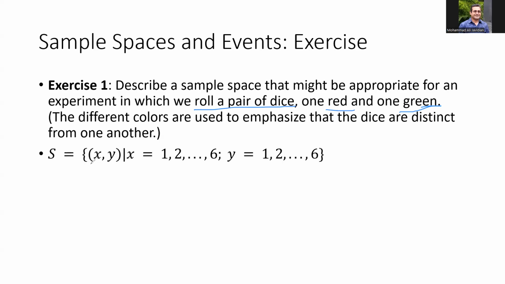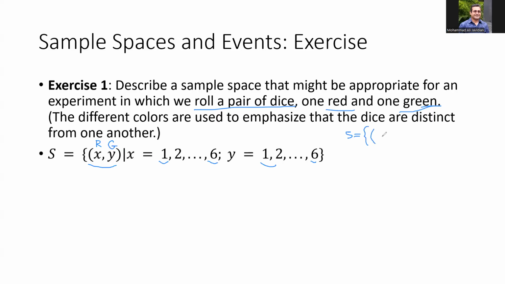The sample space is a set of ordered pairs because we have two different dice. The first one is for the red die, and the second one is for the green one. X can take the value 1 to 6, and Y can take the value from 1 to 6 as well. Another way that you can write down this sample space is by listing the elements.